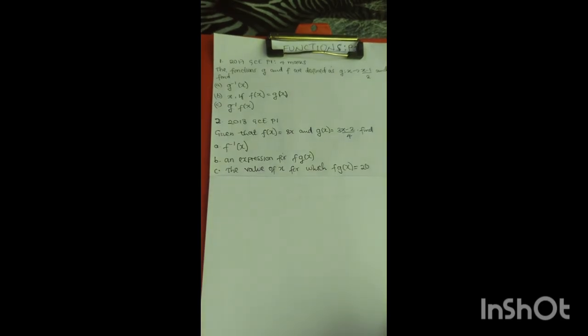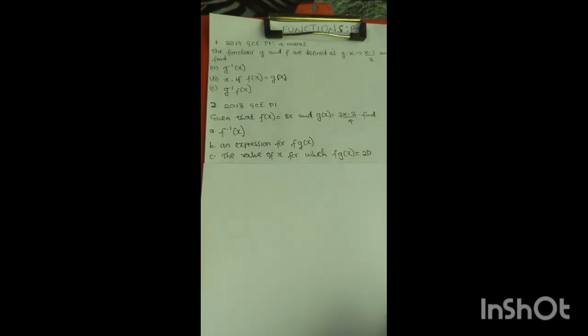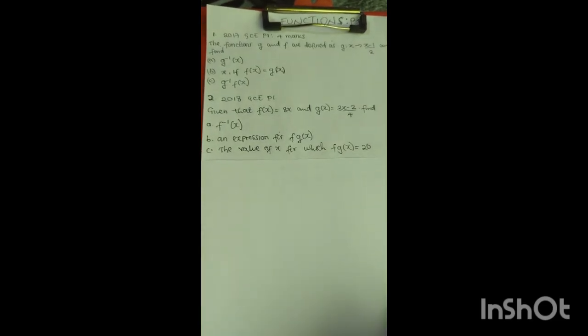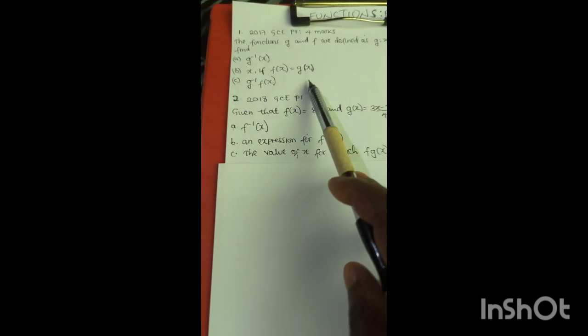So the first question now here is on the inverse. B is an expression for fg of x. This is the third component I was talking about. Here they can bring anything. They can ask you to find the value of x, given that two functions are equated, like the case of example 1, or it can come like in example number 2, where they can ask you to find an expression for a composite function.